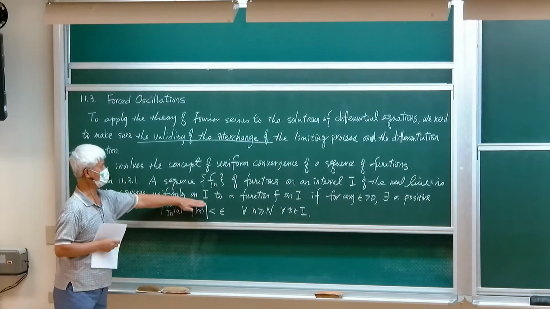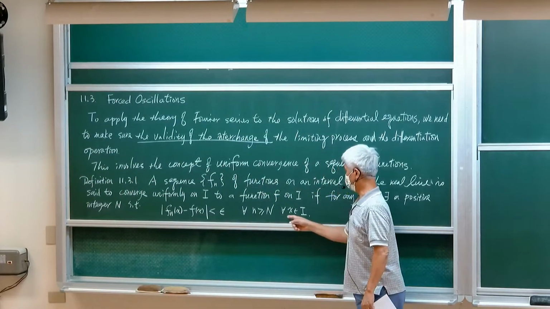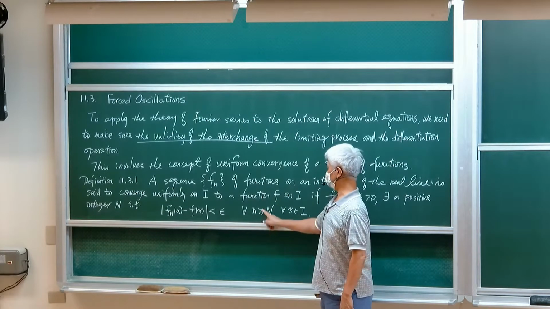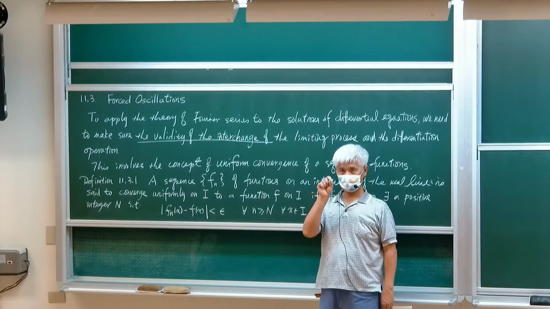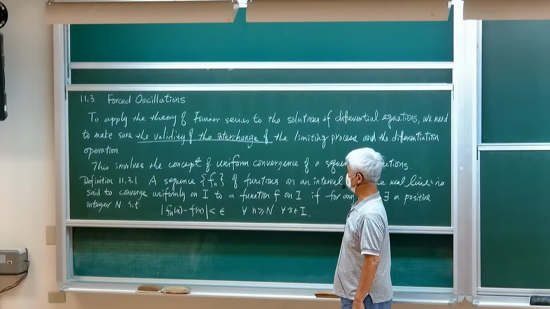Uniform on I means that this is true for all: you can select just a capital N, and this capital N is good for all points x in the defined interval I.